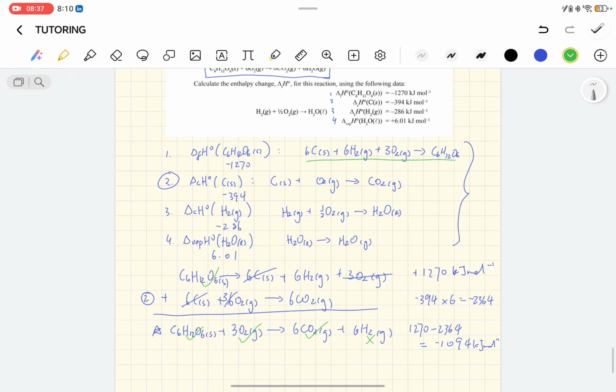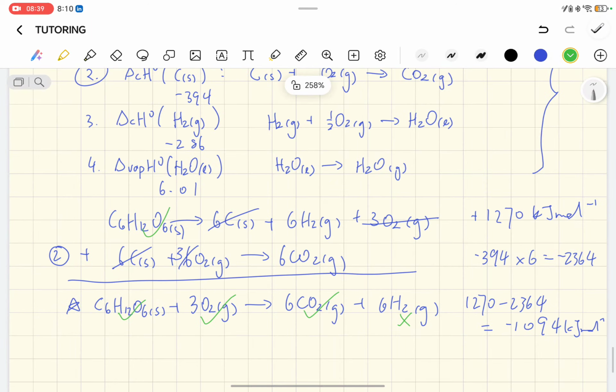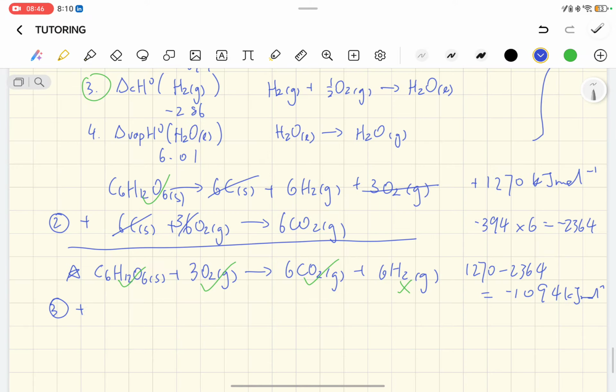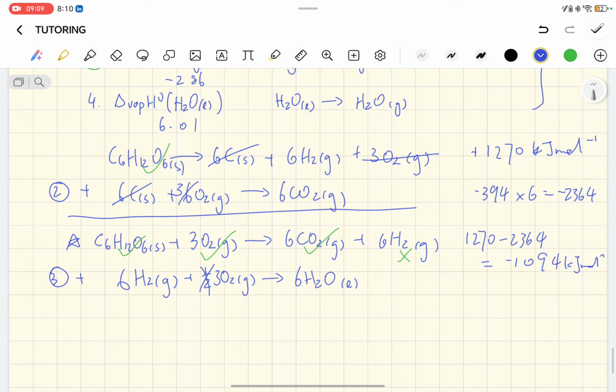So we don't want the 6H2 gas, and we will remove the 6H2 gas using the third reaction, which will just add it on because H2 is on the reactant side in the third reaction. Right, so we have H2 gas plus half O2 gas goes to H2O liquid, and we're gonna multiply everything by 6, so that becomes a 3, and that becomes a 6, because we want to remove 6 moles of H2 gas.